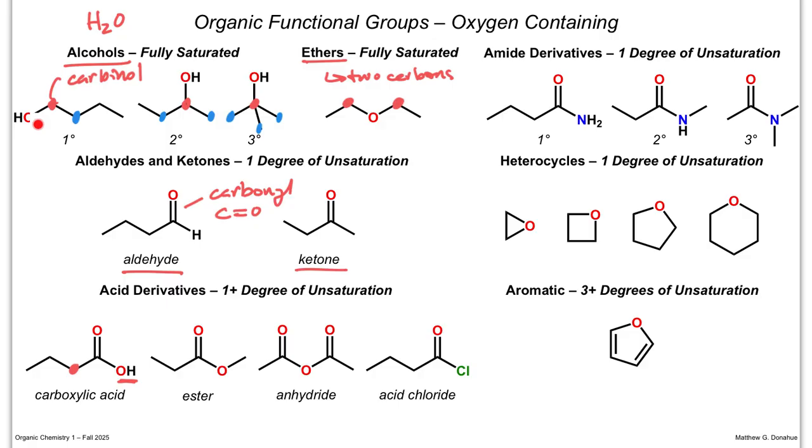Again, notice the bonding pattern. An alcohol has an OH group. An acid also has an OH group. But in the acid, that carbon is sp2 hybridized, and then it's located in a carbonyl CO double bond. Yeah.